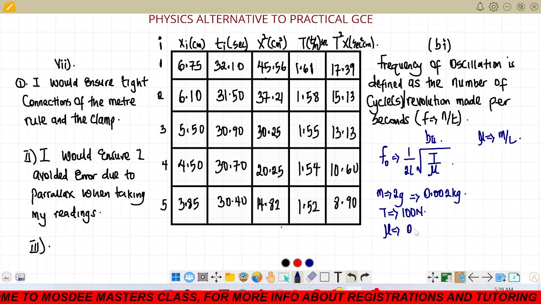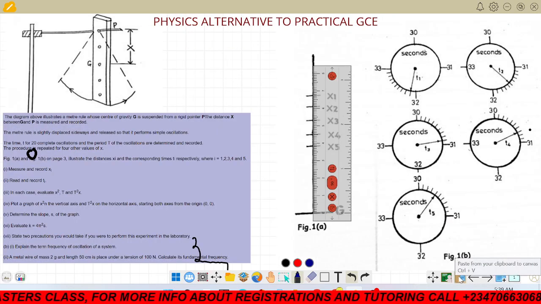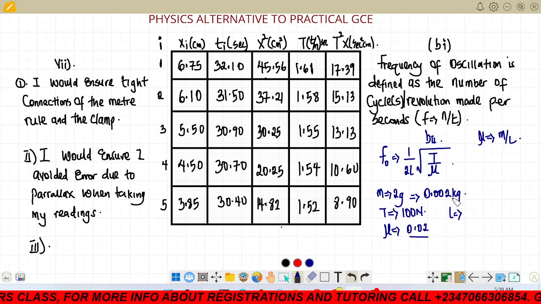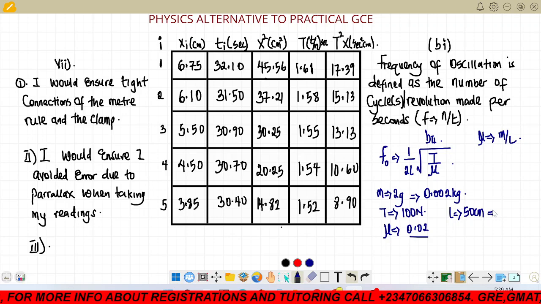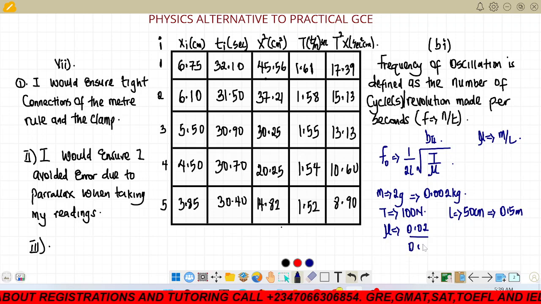The mass, 0.002, is divided by the length. The length in this question was 50 centimeters, which I also convert to meters. 50 centimeters to meters, you divide by 100, that is 0.5. So I'm dividing this by 0.5. To avoid calculation errors, I'm going to bring out the calculator again.